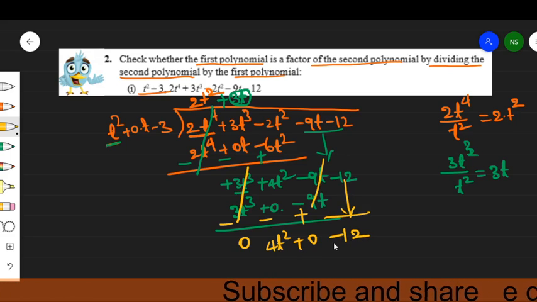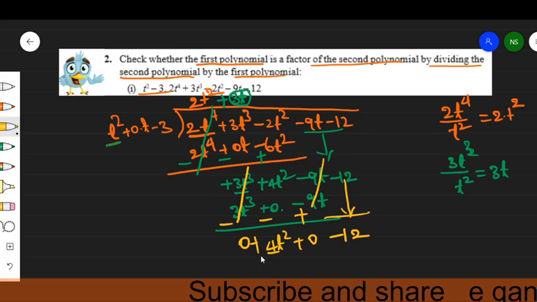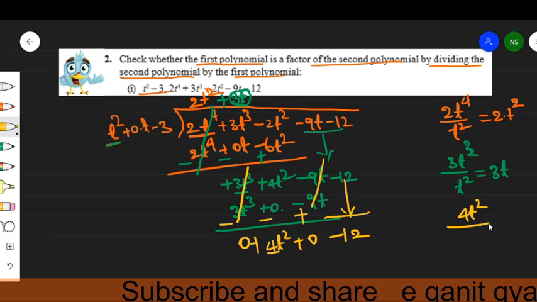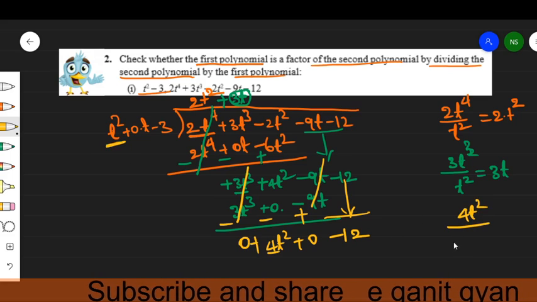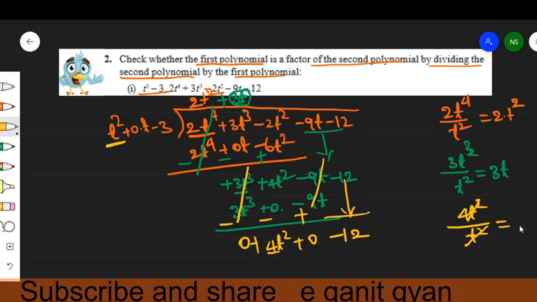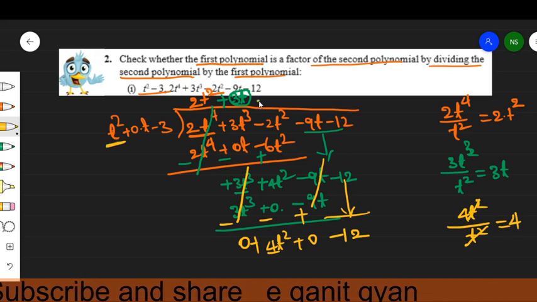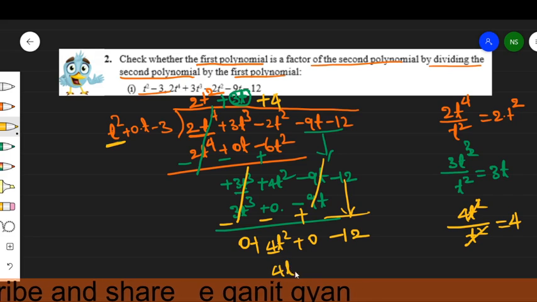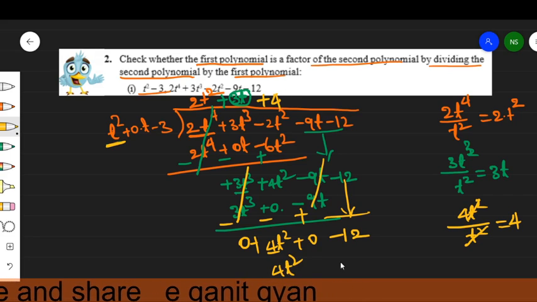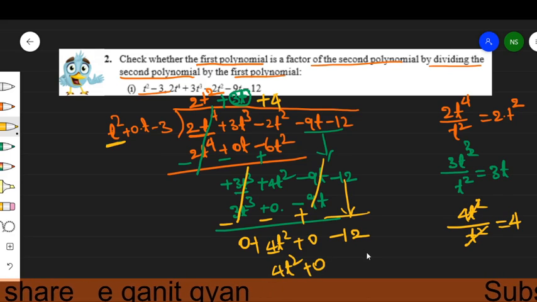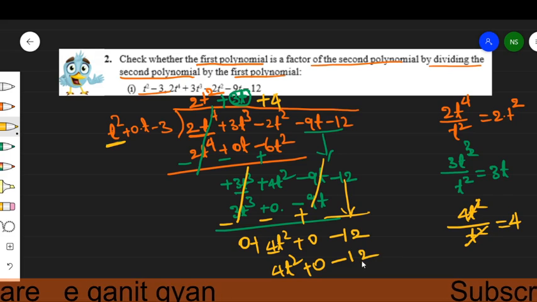This process will continue again. Take the first term, 4t square, divided by the first term here, t square. If we calculate this, we will get 4. Write this 4 here. 4 into t square is 4t square, 4 into 0 is 0, 4 into minus 3 is minus 12.